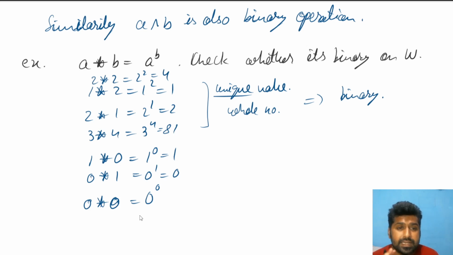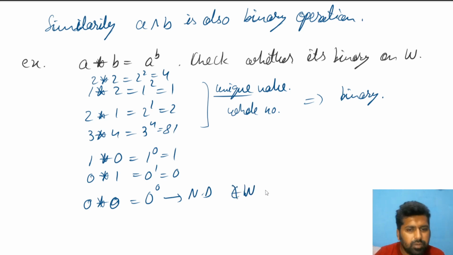0 raised to power any natural number or real number, we can say it's 0, as long as it has a value. As you should know from limits, 0 raised to power 0 is a case of limits, so it is not defined. And if it is not defined, we can say this doesn't belong to whole numbers. And this is the only condition which is making this not binary.